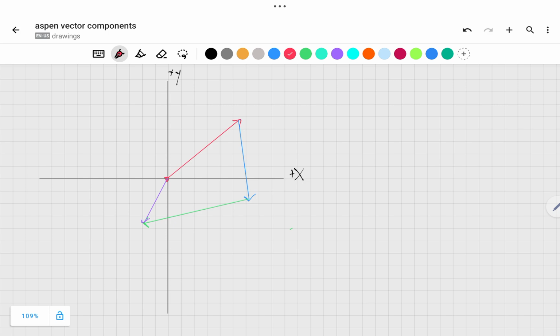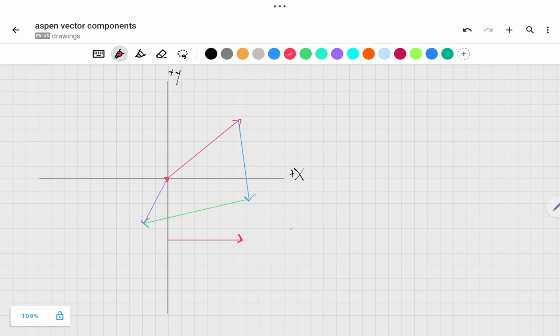So I'll draw this out. Let's say we're starting at the origin. I'm just going to draw the horizontal stuff so that we can see it. I'm going to start here and go over to about here, which is where the red line ends.